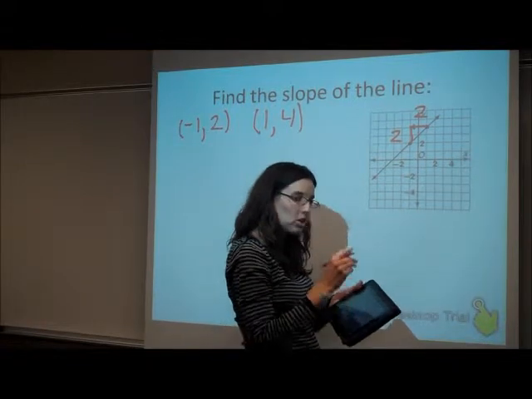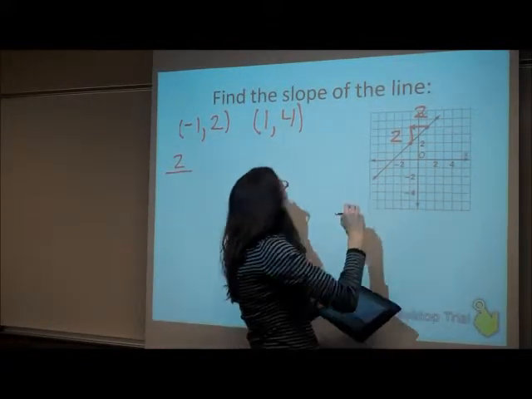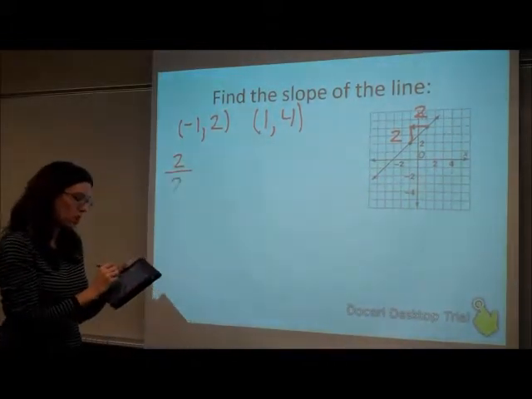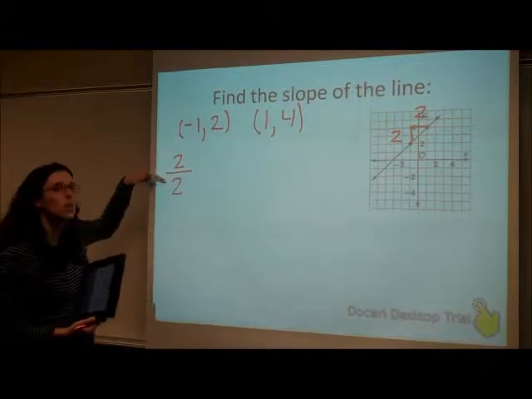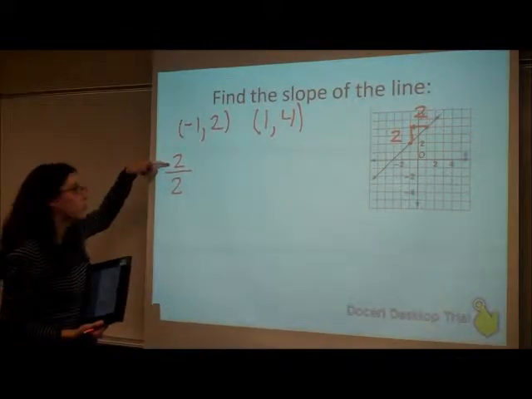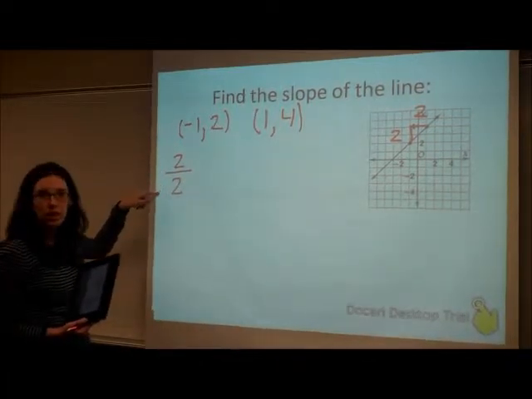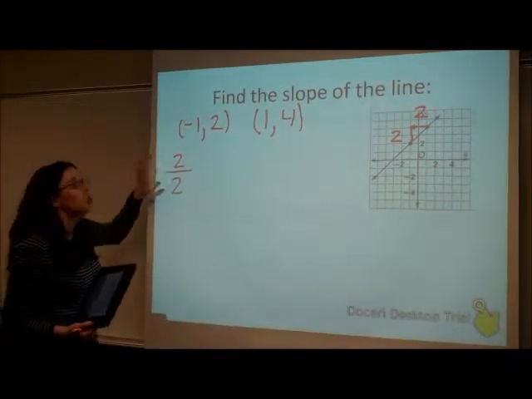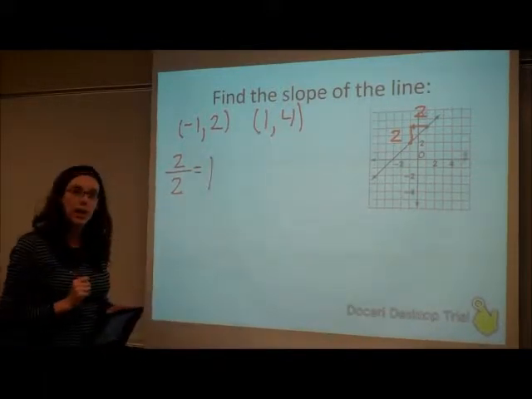So the change, our vertical distance was 2, our horizontal change was 2. Okay, so our slope would be 2 over 2. Rise over run. Change in vertical distance over change in horizontal distance. Change in y over change in x. Okay? You can go ahead and simplify this to 1.